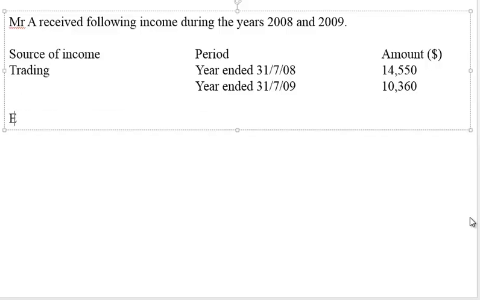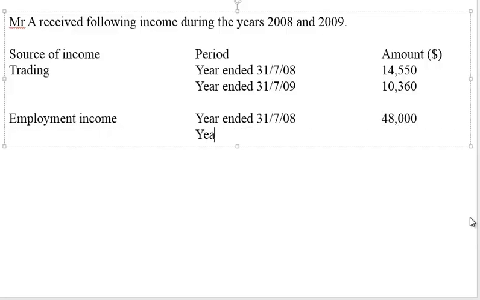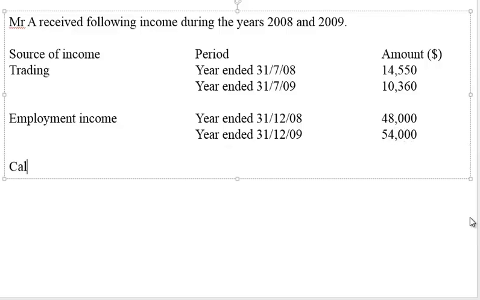Your second income is employment income, received for the year ended 31st December 08, which is 48,000, and for December 09 it is 54,000. The requirement is to calculate the statutory income for the relevant years of assessment.